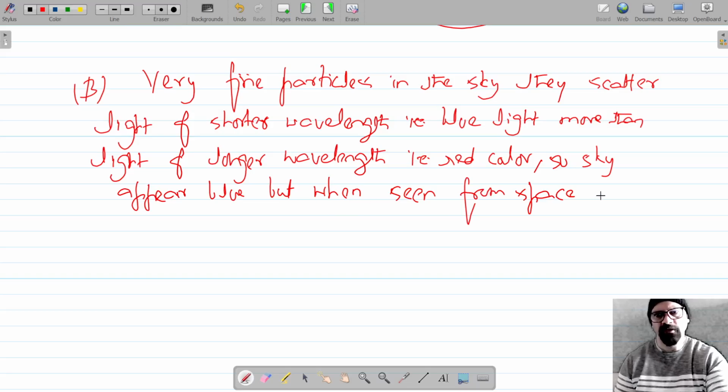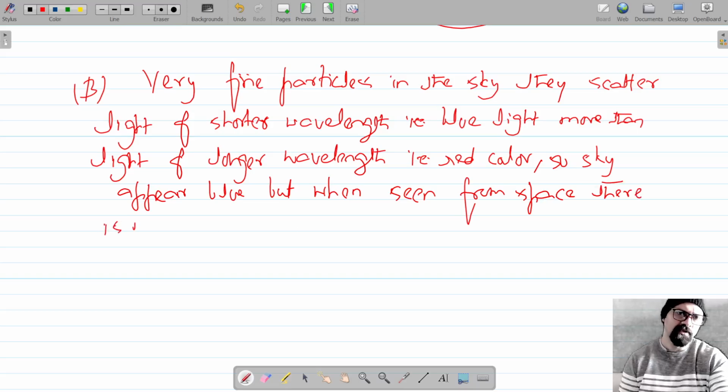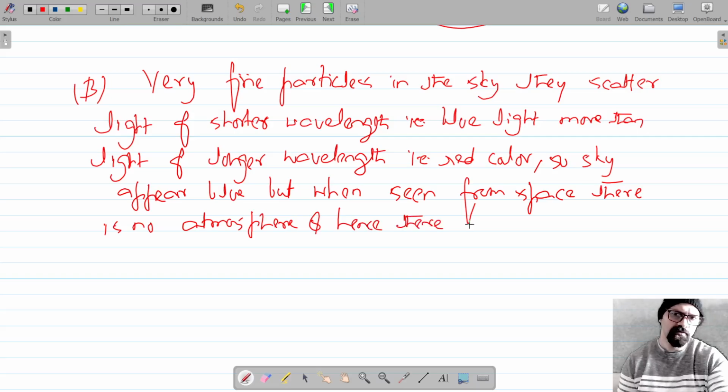There is no atmosphere in between, and hence there is no scattering of light. If there is no scattering of light, no colors are scattered, and hence it appears black.